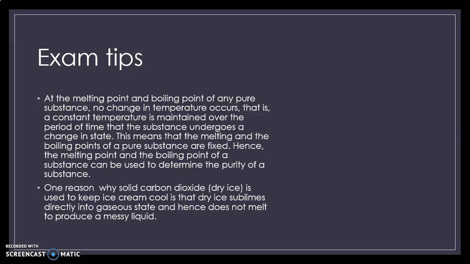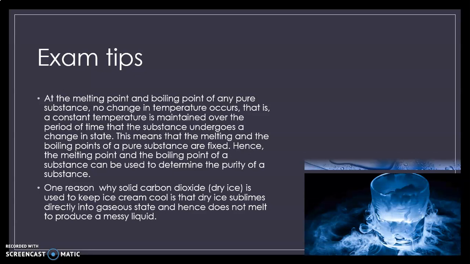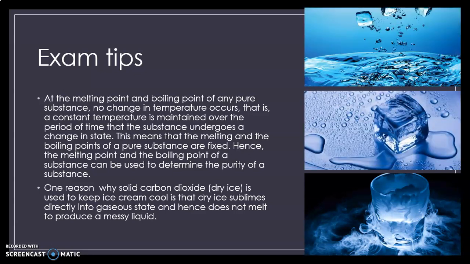Hence, the melting point and the boiling point of a substance can be used to determine the purity of a substance. One reason why solid carbon dioxide, dry ice, is used to keep ice cream cool is that dry ice sublimes directly into gaseous state and hence does not melt to produce a messy liquid. That's so cool. These are some exam tips that you could use in your exams, so that your exam becomes easier and not difficult.